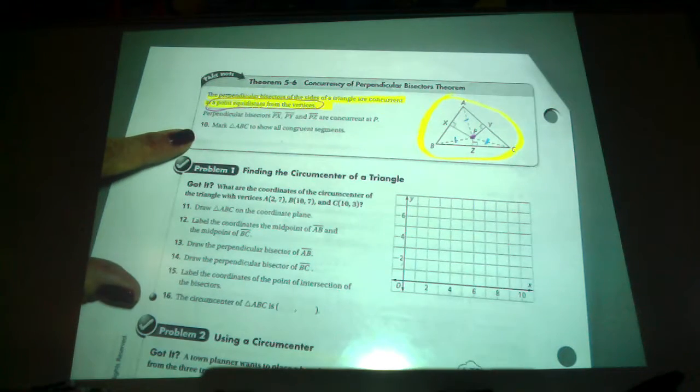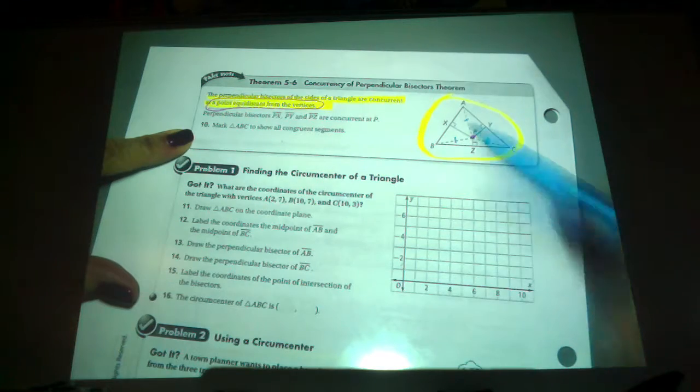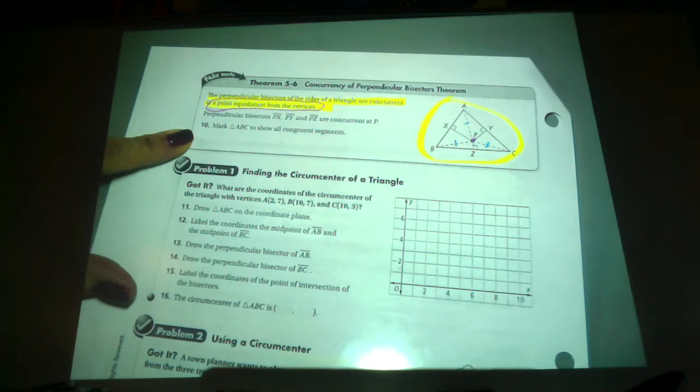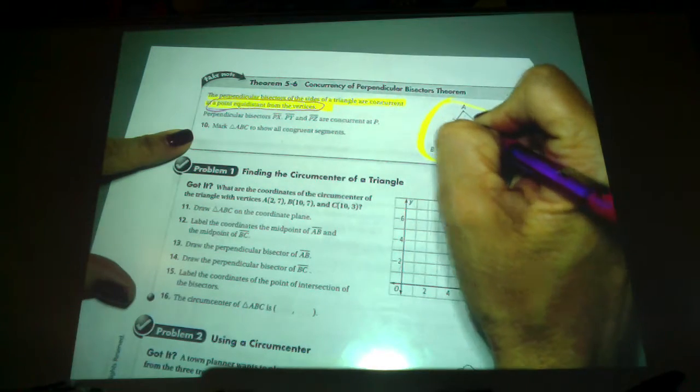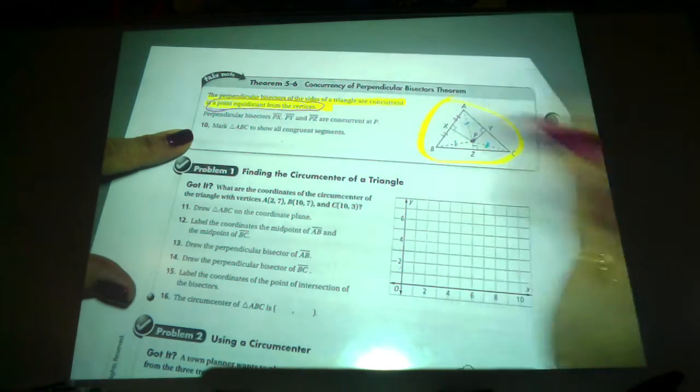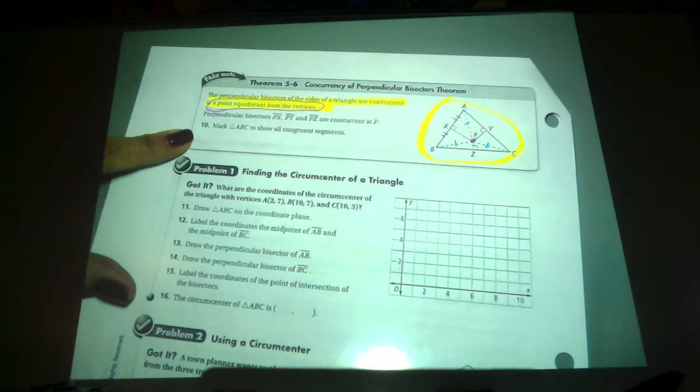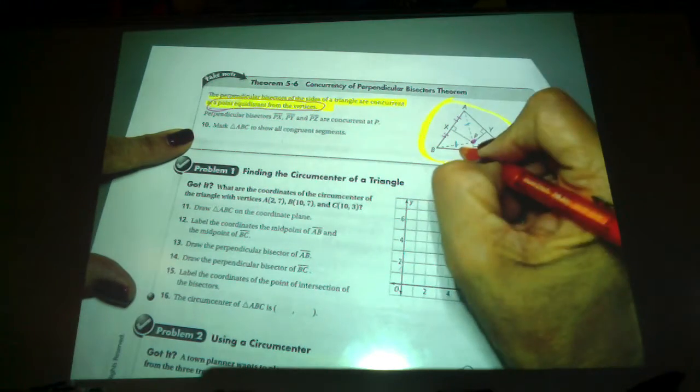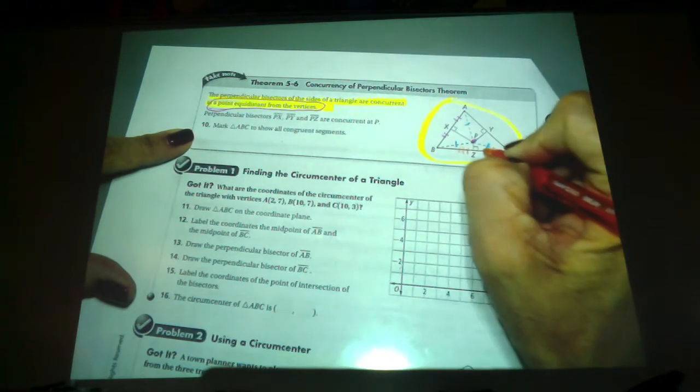Now, number 10 is saying mark and show all the congruent segments. So I marked these as congruent from the point of concurrency, but because we have perpendicular bisectors, aren't these pieces congruent? And aren't these pieces here congruent?